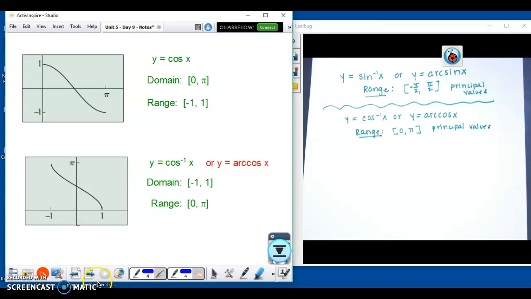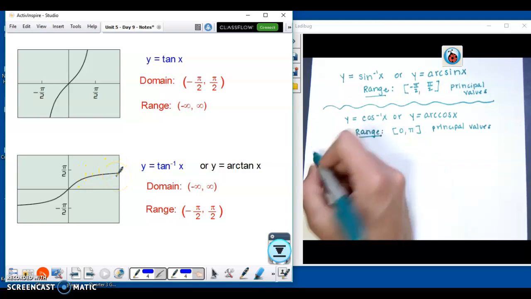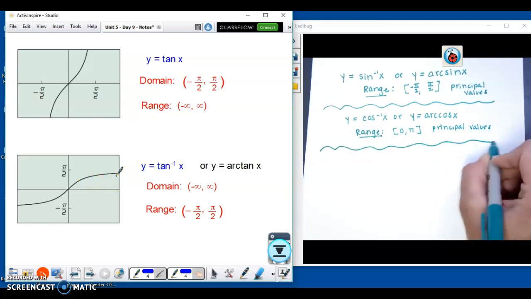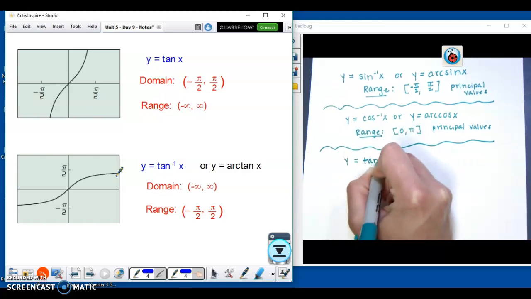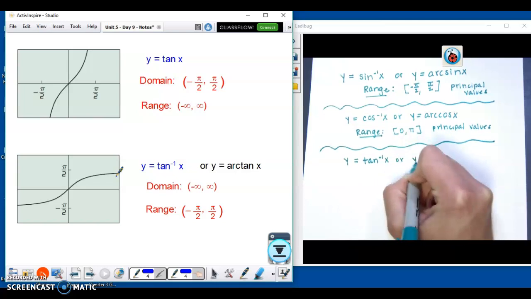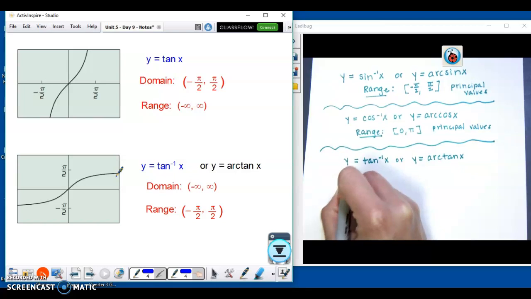Okay, the last type that you have to worry about is arctangent. The tangent graph is at the top of the screen, but we're going to be looking at the inverse of tangent, so it's reflected over y equals x. This is going to be our graph here. Once again, the important part for our problems is going to be the range.